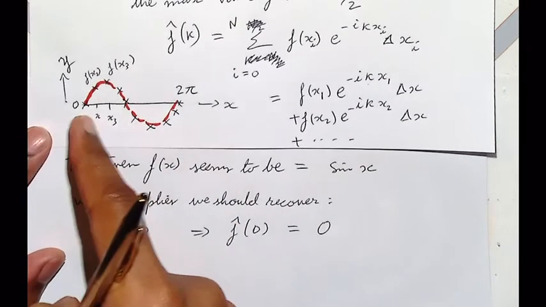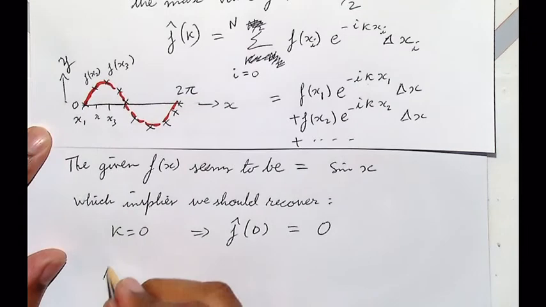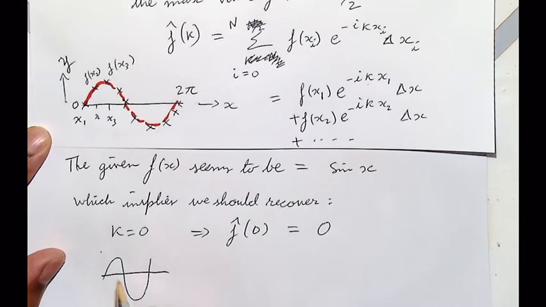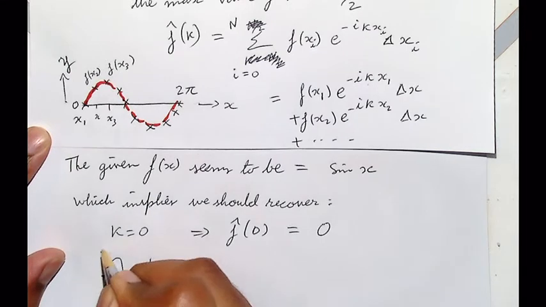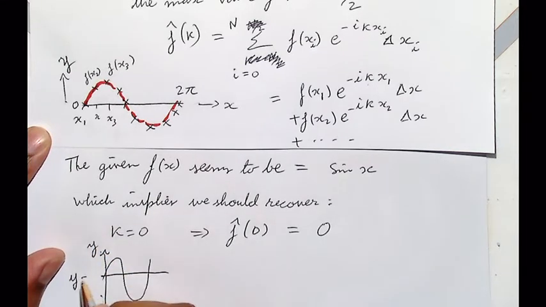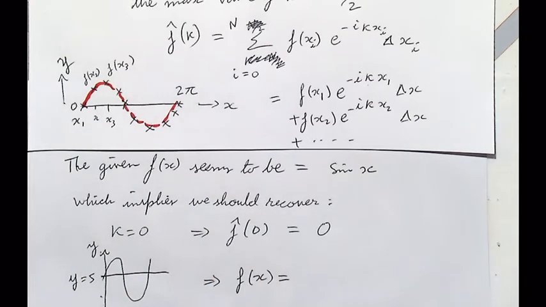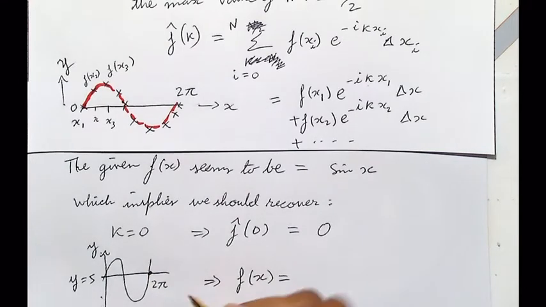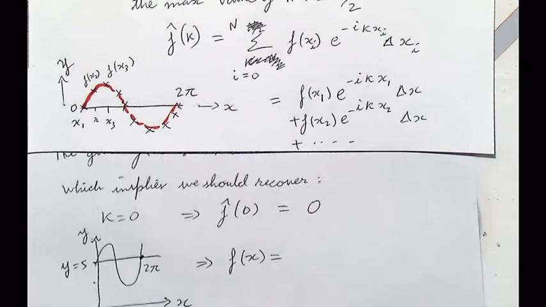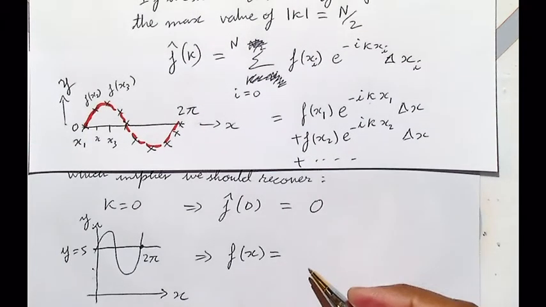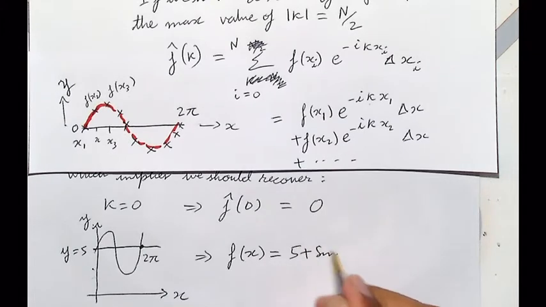If we had a function where the center line was not at 0, let's say this is the x-axis, this is the y-axis, and this is y equals 5. So my f of x is 5 plus sine x, right?